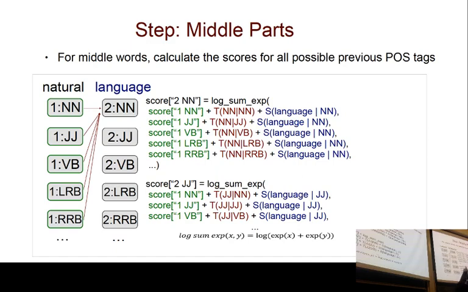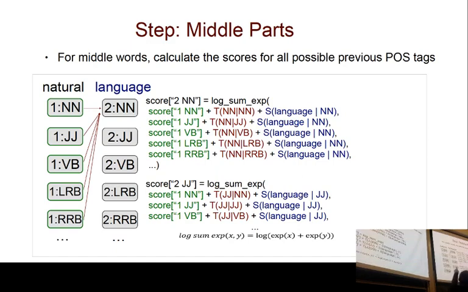So the score for position 2, the tag at position 2 being noun, will be the sum of, first, starting from the first position noun: the probability that we were in state 1 noun, plus the transition probability, plus the emission of language from noun. Okay? So that's the first path.